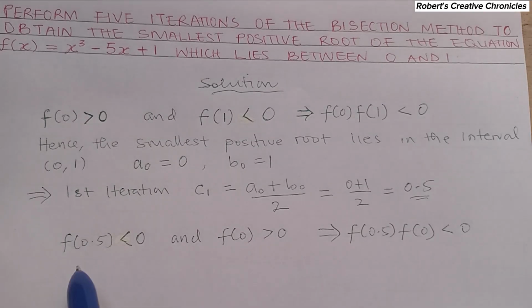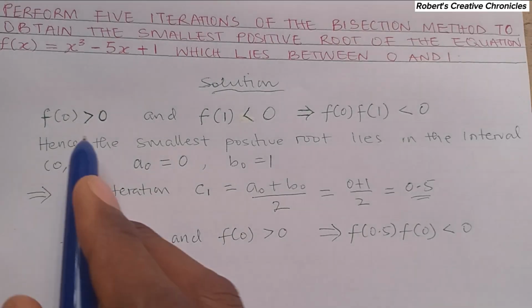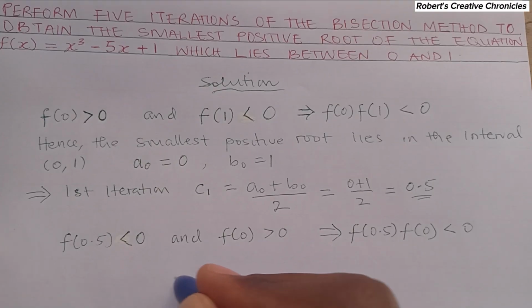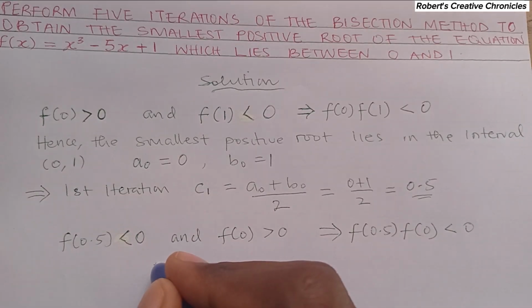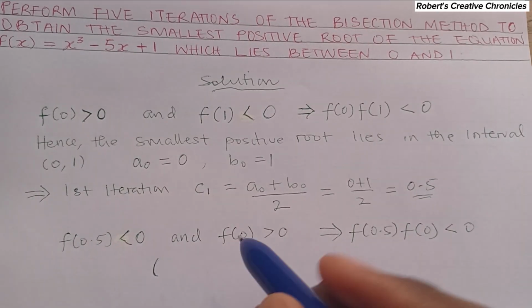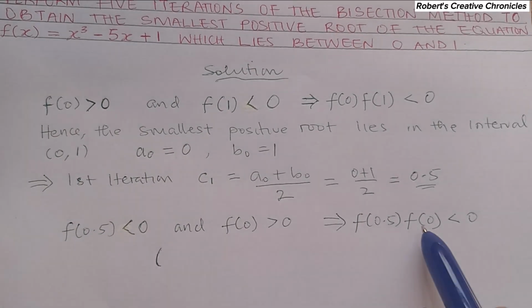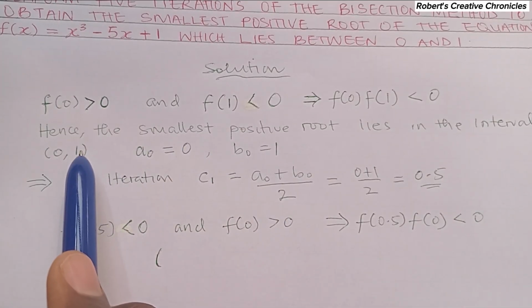So now the smallest positive root will lie in which interval? I'm just going to write the interval. You know the above interval is 0 and 1.